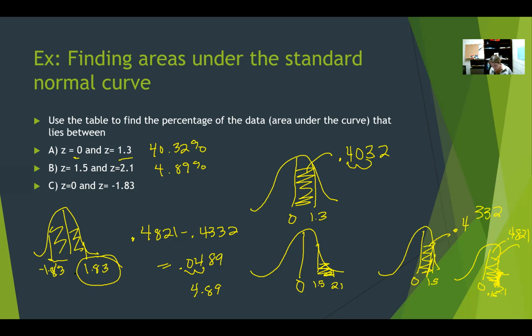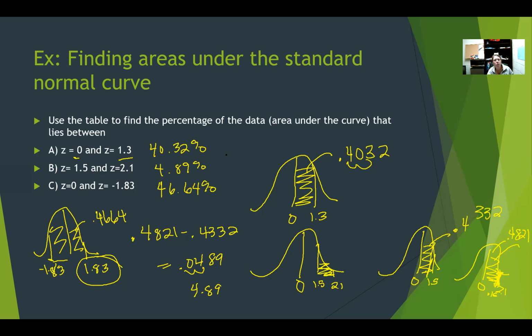So that means we need to go to 1.8, and then over to the 0.03, and you end up with the value of 0.4664, okay? Which means that the negative is going to be the same thing. So that means this percentage is 46.64%, okay?